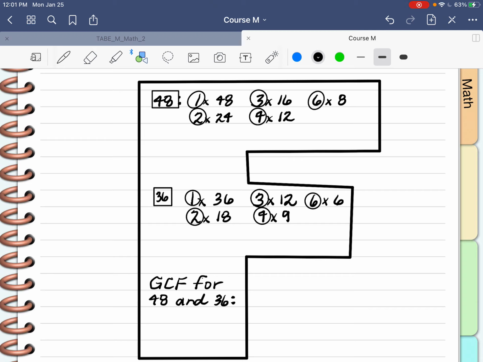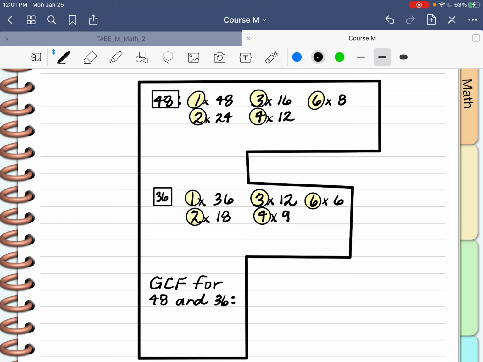And that's all. So I've just marked off the common ones. You can even highlight those if you want to. Just color in the common factors. And when I say common, I mean that both composite numbers have those digits in their factors. So those are the common factors.